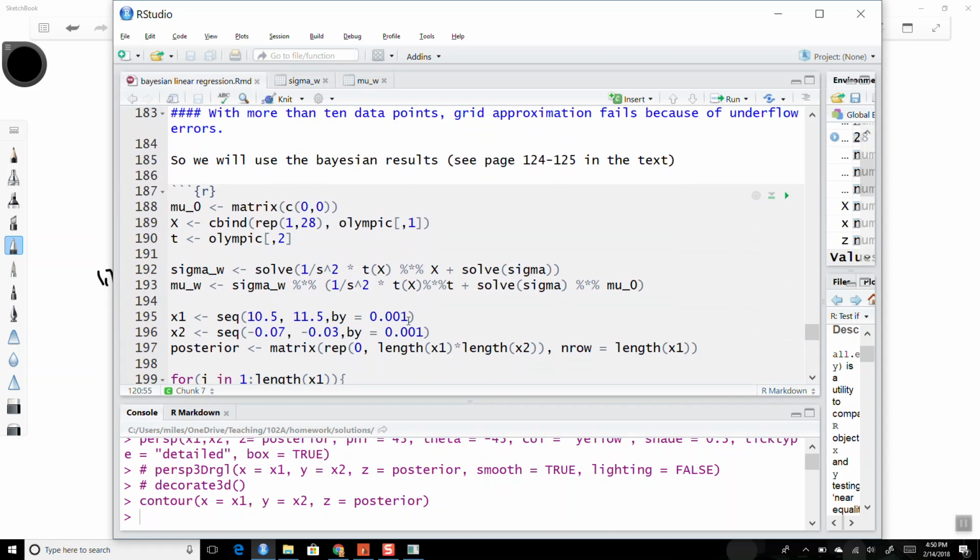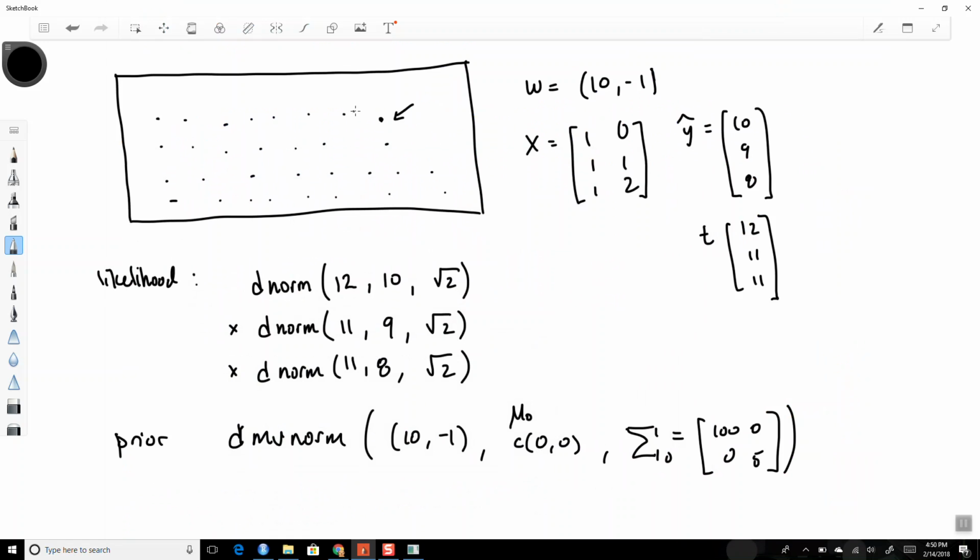And we are running out of time, so instead of grid approximation, we will actually do some math to get at what the distribution should be, and that's where the conjugate prior comes in and plays nicely, okay? But what I wanted to illustrate was the space for W. When you're producing your posterior distribution, you're effectively considering every single possible combination of slope and intercept parameters and asking, what is the likelihood of my data under this set of parameters?